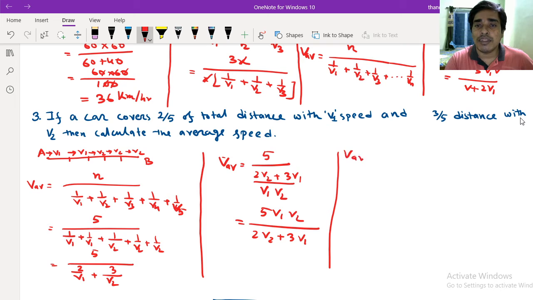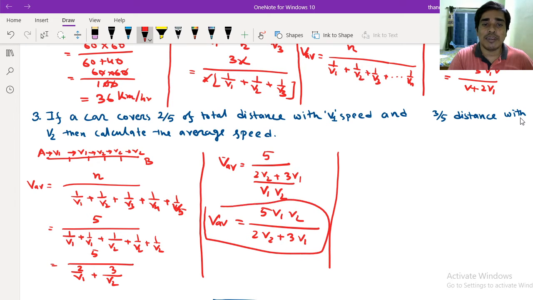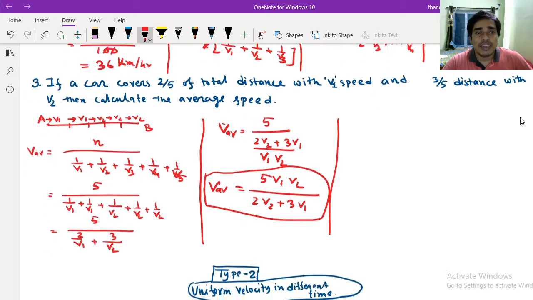So this is the V average formula: V average equals 5 V1 V2 divided by 2 V2 plus 3 V1. So this is problem 3.